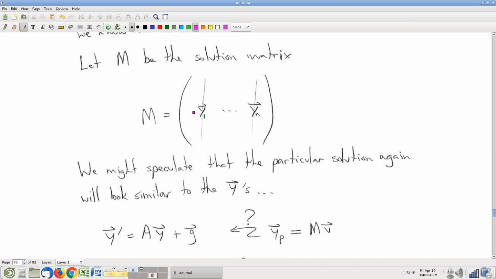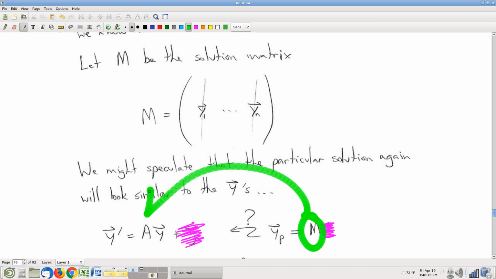Here we are again. Let's look at the homogeneous case. This works. Everything's in balance. I can multiply by a constant. Let's call that constant C. Wait a minute, that could even be a vector. Right?